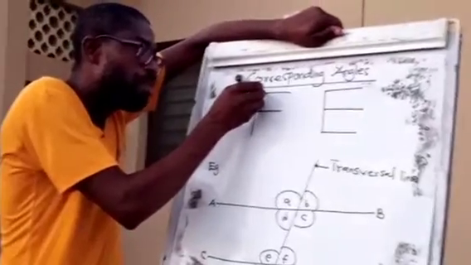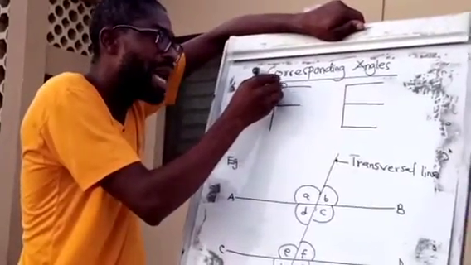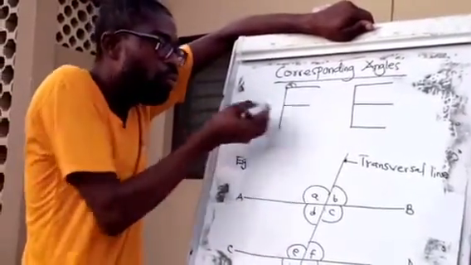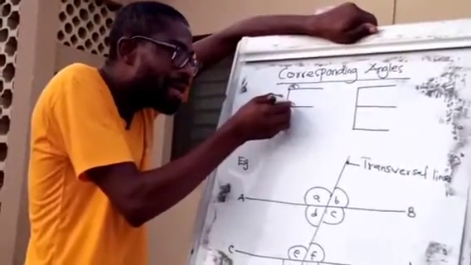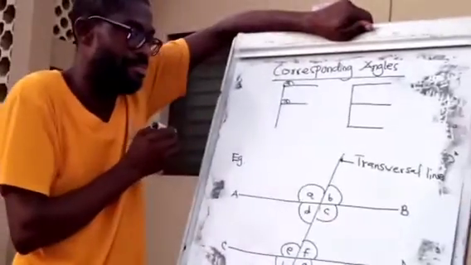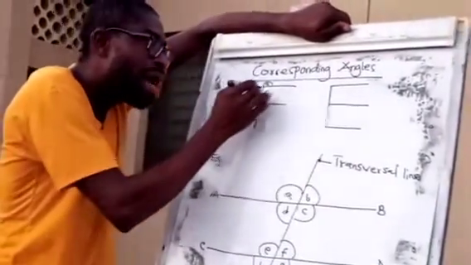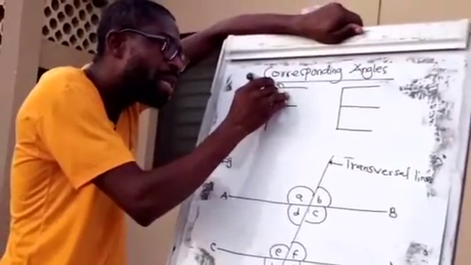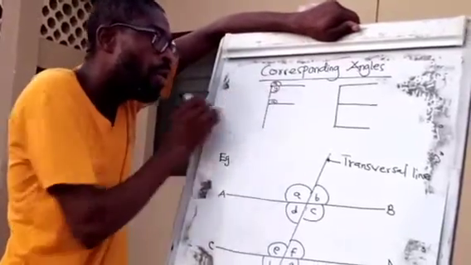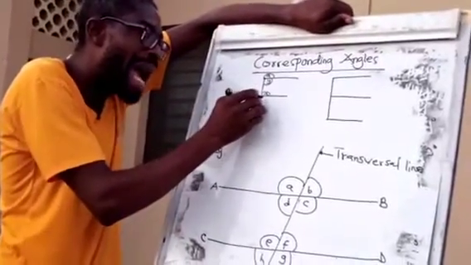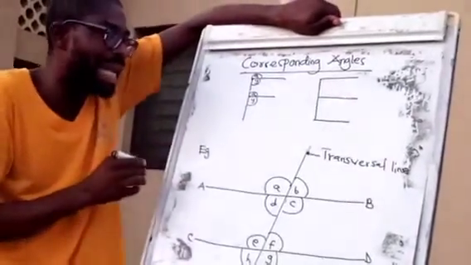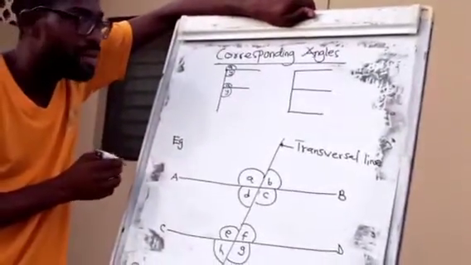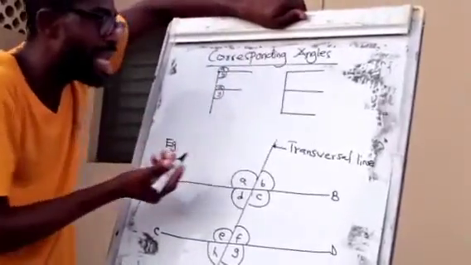The top of the F here, which is angle A here, will correspond with the inner middle angle here, A. We can also have the top in here, which is Y, will also correspond with the outer one out here, which is Y. Corresponding angles.